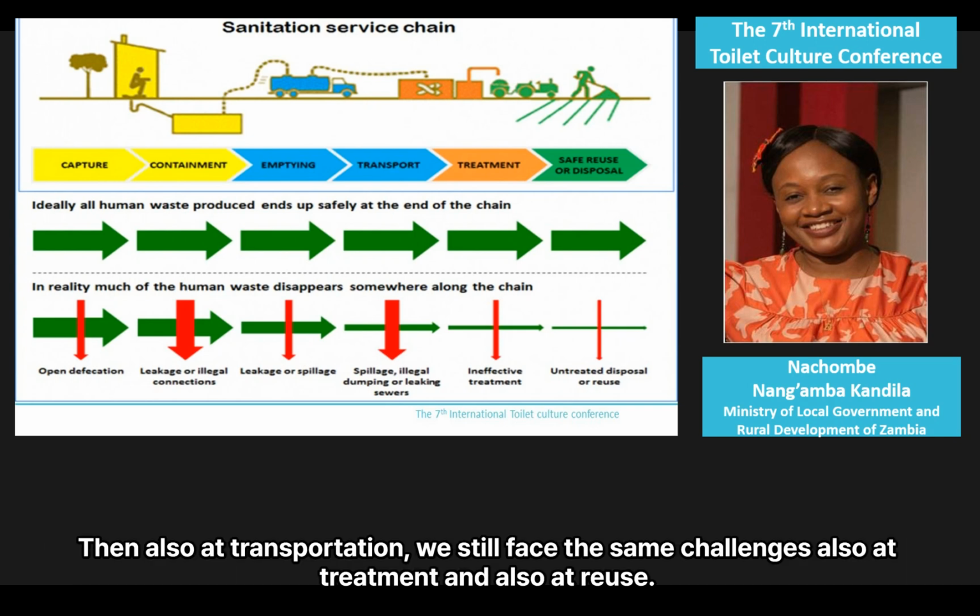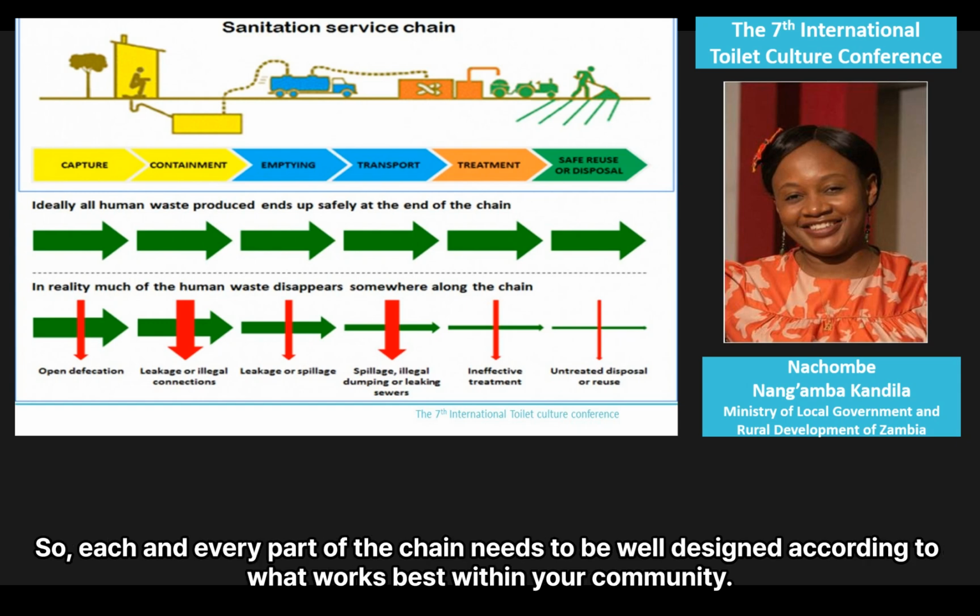Then also at transportation, we still face the same challenges, also at treatment and also at reuse. So each and every part of the chain needs to be well designed according to what works best within your community.